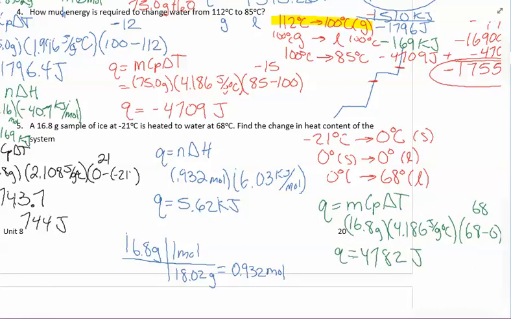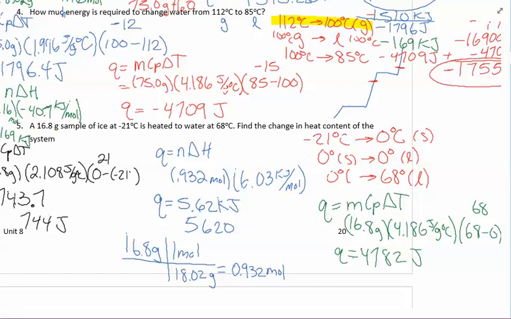So we'll end up with 4,782 joules. Then we just have to add them together. I would probably do the same thing I did in the last problem and convert my kilojoules to joules by multiplying it by 1,000. So we'll have 5,620 joules for the phase change.